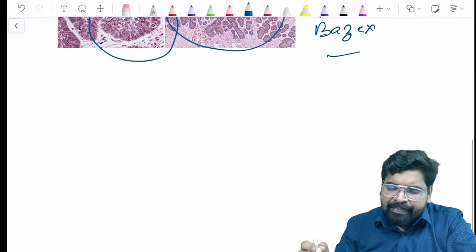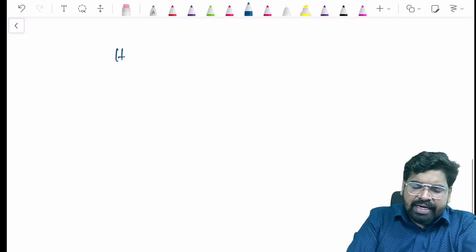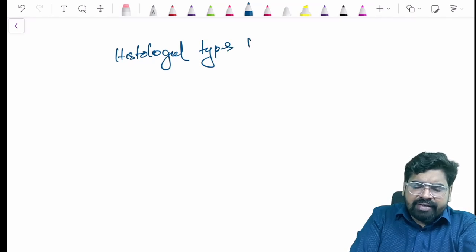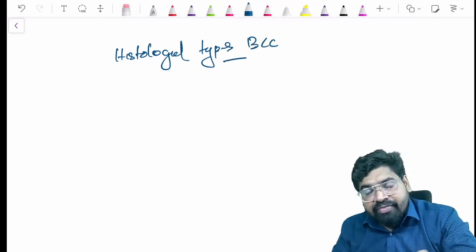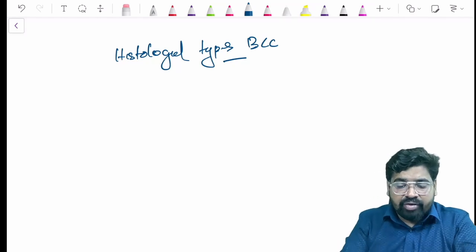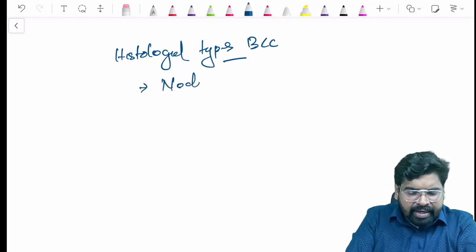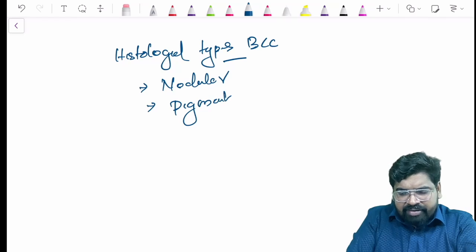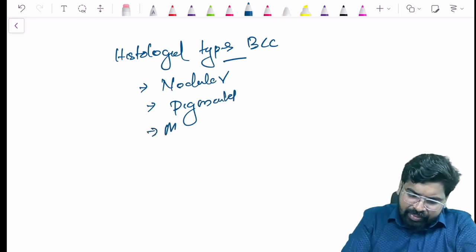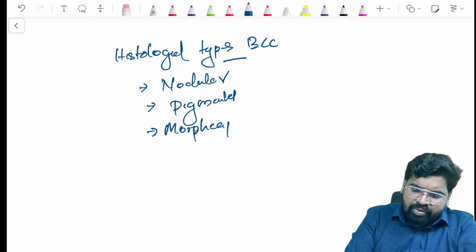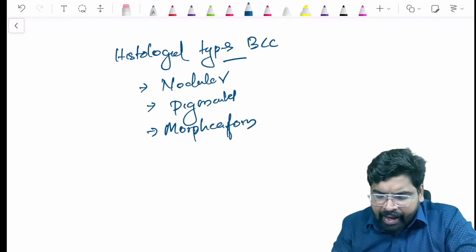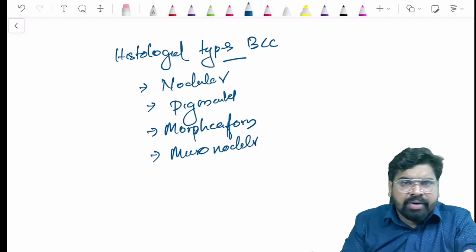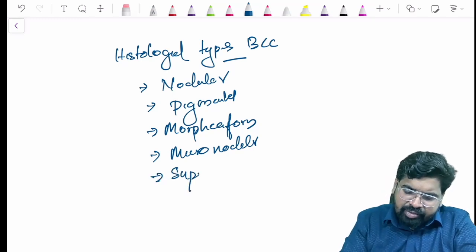And histologically, there are certain things you should know. There are different histological types of basal cell carcinoma, out of which one is nodular type, and there is pigmented basal cell carcinoma, morpheaform basal cell carcinoma, micronodular basal cell carcinoma, and superficial basal cell carcinoma.